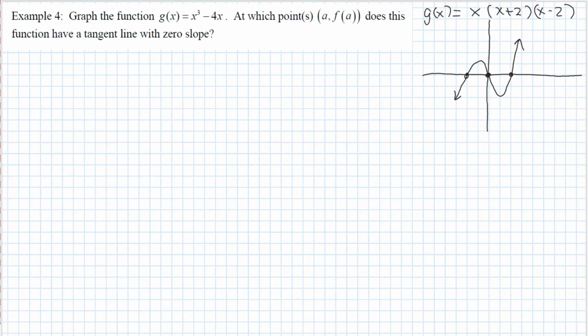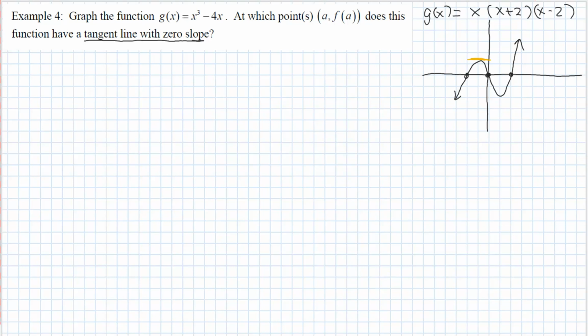Okay, now the question that the problem is asking you is, at which point does this graph have a tangent line of 0 slope? Now, what does it mean to have 0 slope? 0 slope is when your tangent line is horizontal.